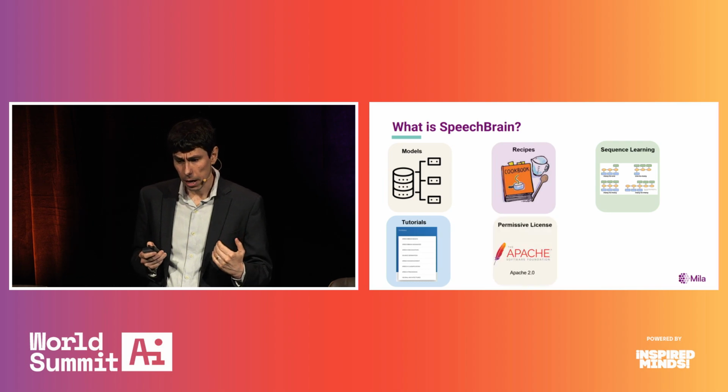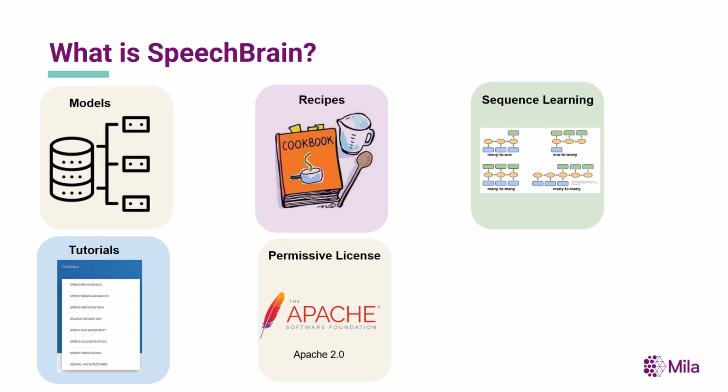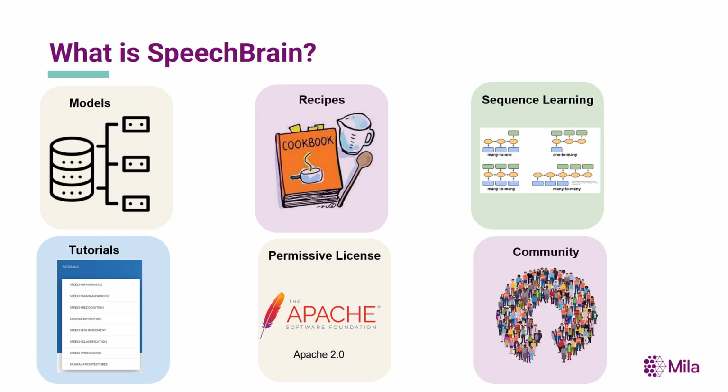We want our toolkit to be used by everyone, so we release it with a very permissive license, Apache 2. You can use it for both commercial and non-commercial uses without any problem. So it's very open from this point of view. And last but not least, the most important pillar of our project is the community.